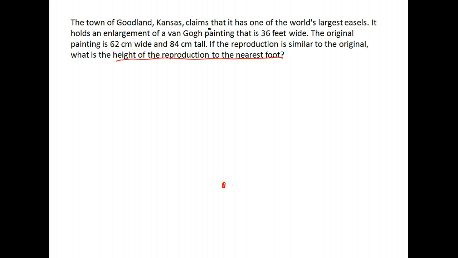Okay, well let's take a look. What do we know so far? We know that the original painting was 36 by 84. We know that the enlargement we have is 36 feet. Now this one's going to be a little different.